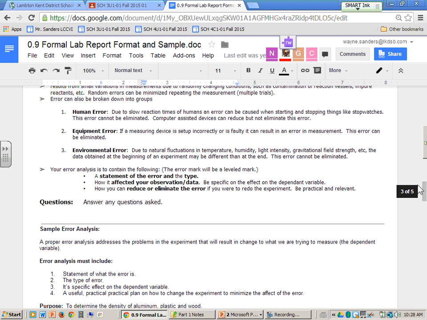You must state what the error is. The Bunsen burner could not be turned down completely due to corrosion of the base. That's a statement of the error. And then you've got to write down how it would have affected your observations. Well, you tell me.